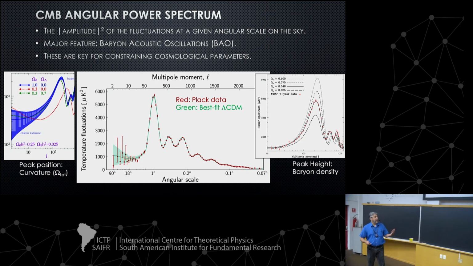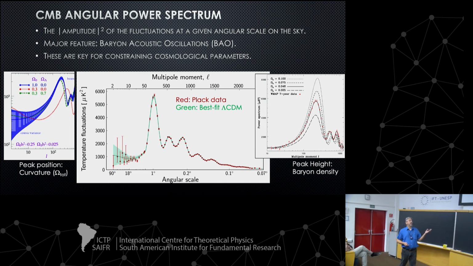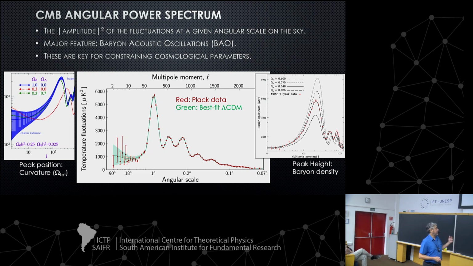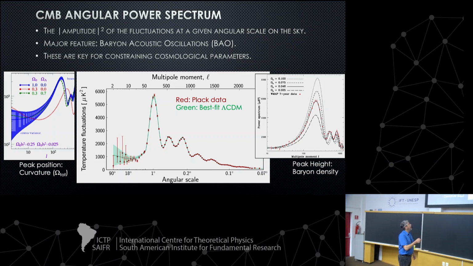So what about the CMB, right? The CMB is extremely rich in information about the cosmological parameters for lambda CDM, or any model, really. So what's being plotted here, which maybe you've seen before, is effectively the temperature fluctuations on any particular angular scale.